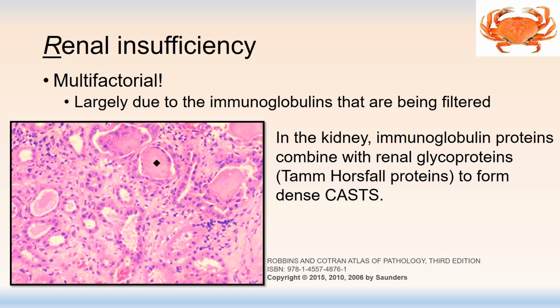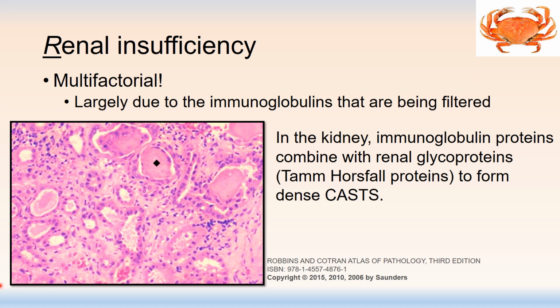How about the R in CRAB? Renal insufficiency. Again, renal insufficiency is very important to be aware of. This is highly prevalent in patients with myeloma because there are multiple ways in which myeloma can affect the kidney. The predominant way myeloma affects the kidney is due to the immunoglobulins that have to be filtered through the kidney.